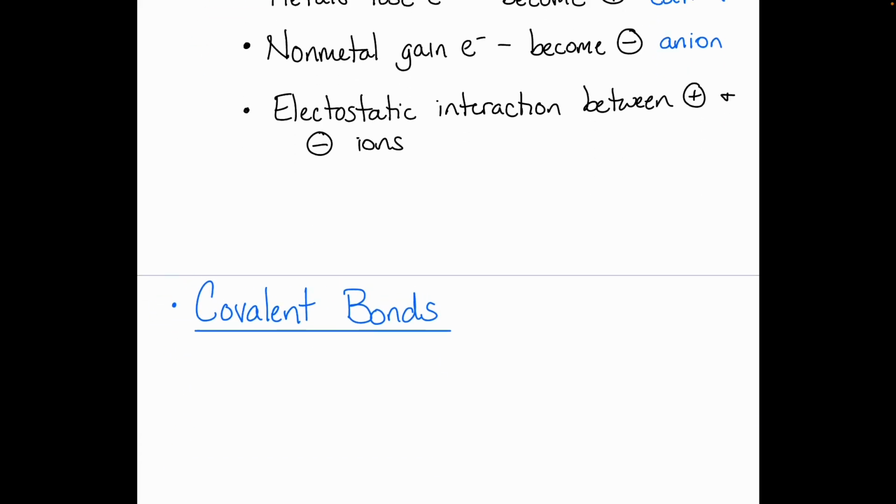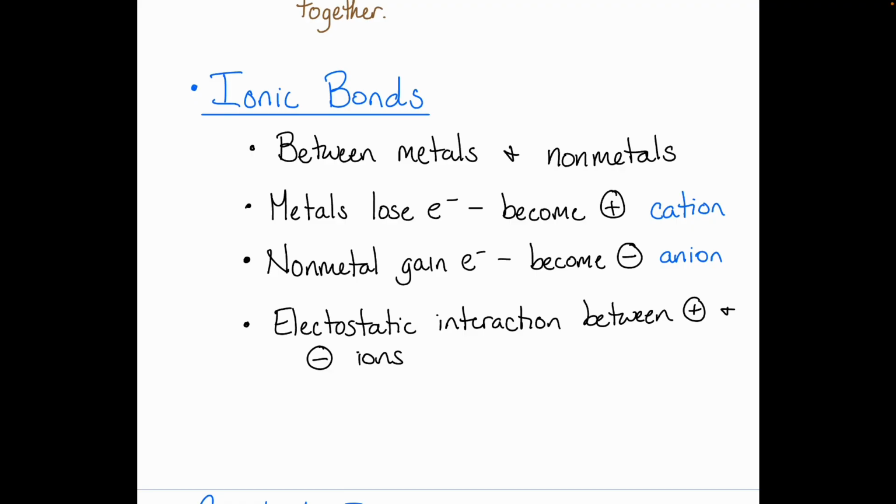Electrostatic interaction is just a fancy physics word for this opposites attract phenomenon. That metal cation is attracted to the opposite charge of that nonmetal anion. That's what's holding these two things bonded together.